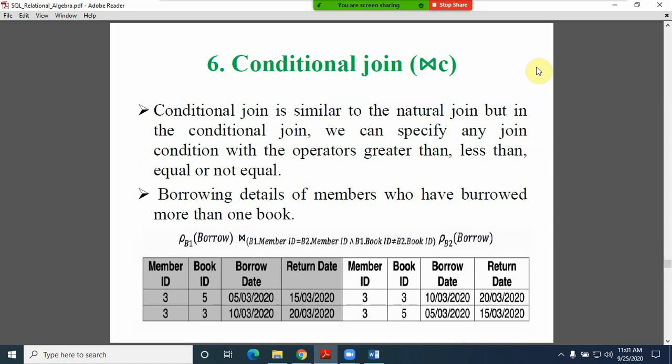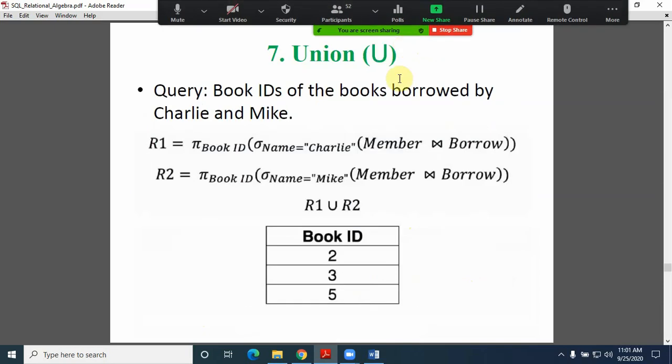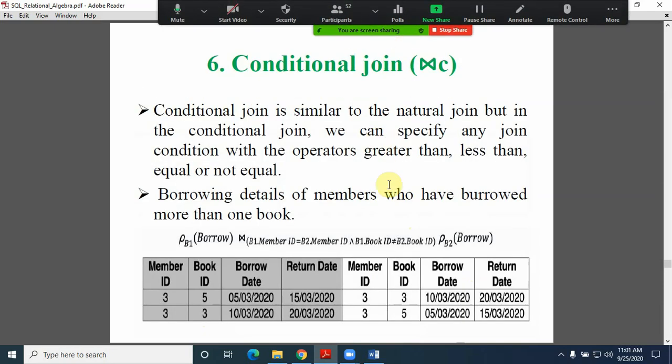Here the important point, friends, is if you observe the third member id, maybe he has taken some different books. So first it is representing 3 5 and the corresponding date, and the reverse order also it is showing, like 3 3 book id. The second record has been posted as well as the first record, so it is representing the information twice.